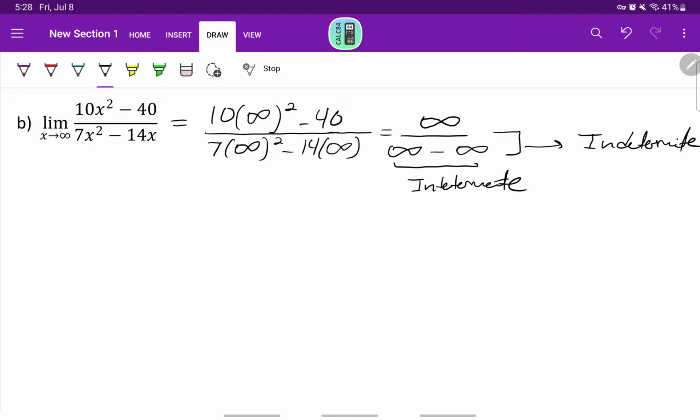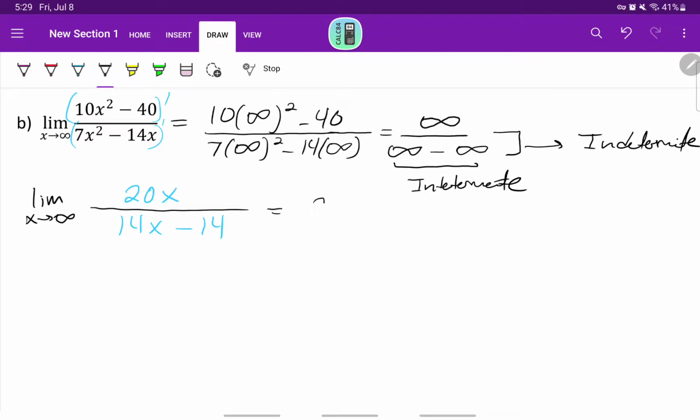I want to use L'Hopital's rule first. I'm going to take the derivative of my numerator and denominator. So limit as x approaches infinity, that's going to be on top 20x. On the bottom, that's going to be 14x minus 14.